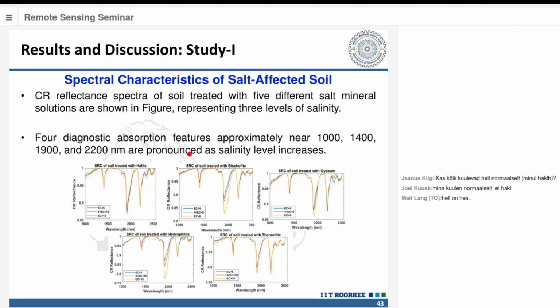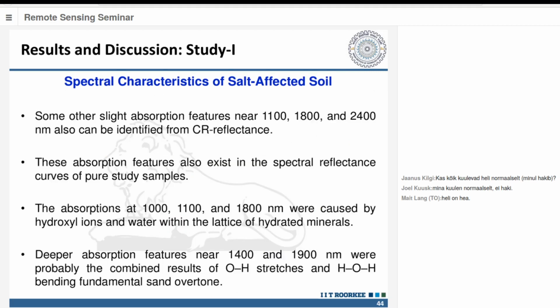For diagnostic absorption features, those approximately near 1000, 1400, 1900, and 2200 nanometers become pronounced as salinity level increases. These are the wavelength regions. Some other slight absorption features near 1100, 1800, and 2400 nanometers can also be identified from the continuum removed reflectance.